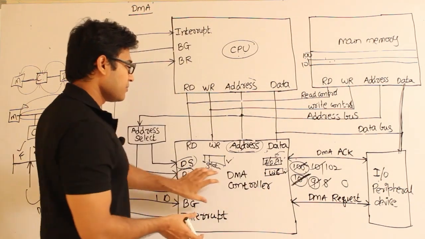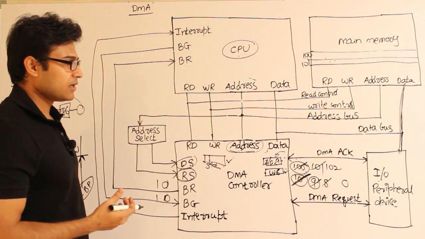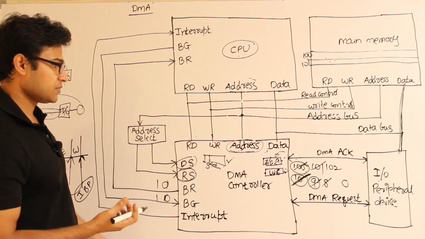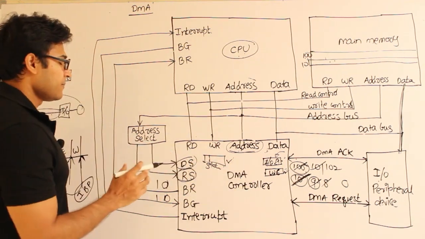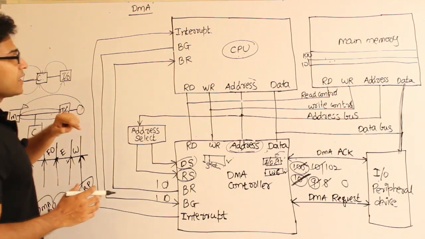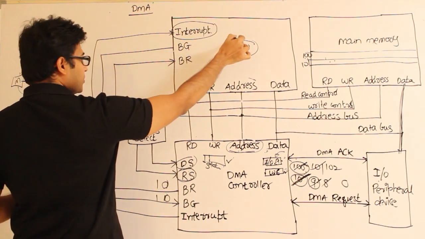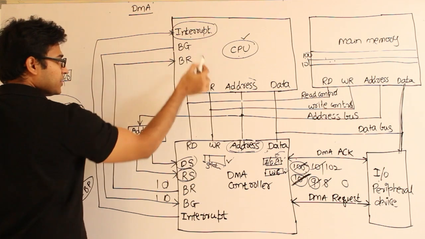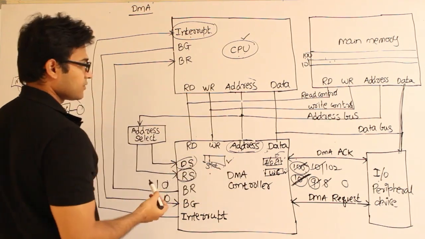Then in that case the DMA controller will tell the CPU that, see, I have been waiting for a long time and the device is not responding, so there is something wrong with the device. So that is also an exception condition, got it? Further, a timeout will be used. So anyway, at the ending, an interrupt will be raised, and our CPU is supposed to service that interrupt by initializing this or by checking the word count at the end, got it?